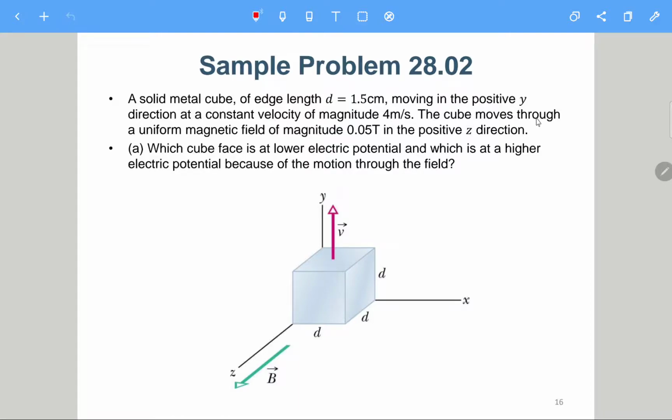The cube moves through a uniform magnetic field in the z direction. Which cube face is at lower electric potential, and which is at higher electric potential because of the motion through the field?